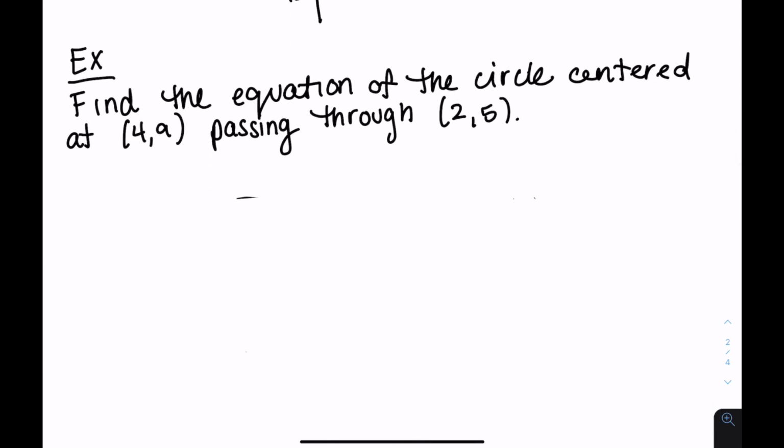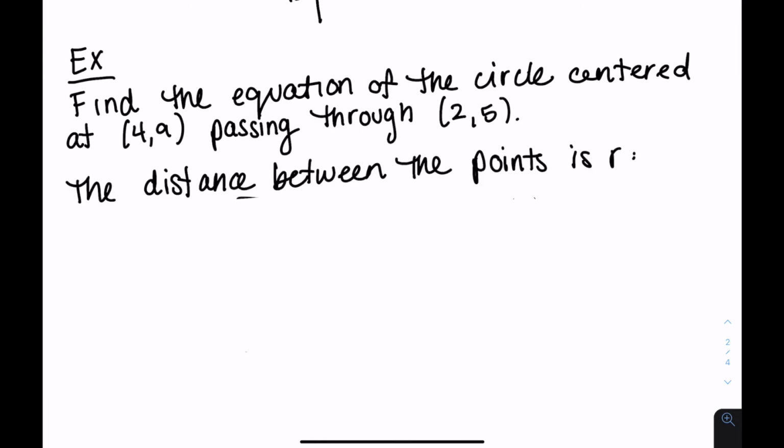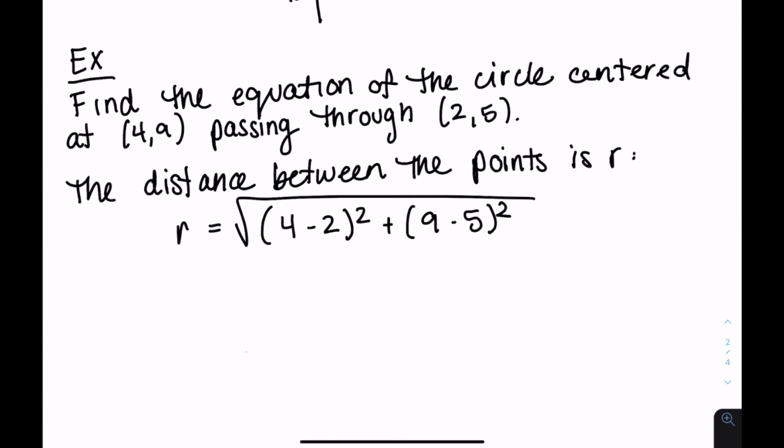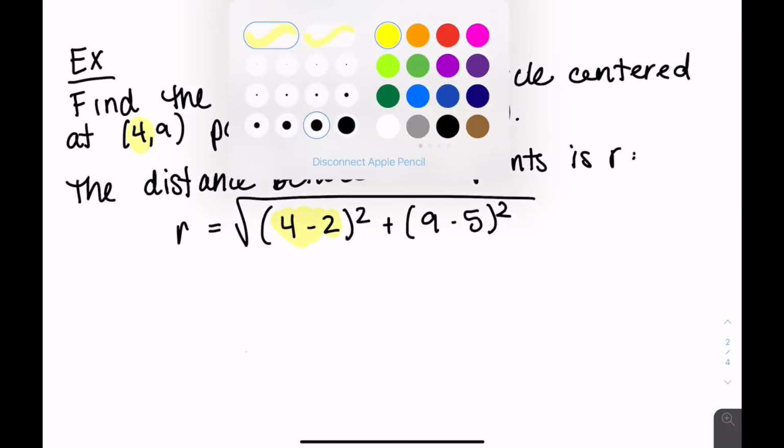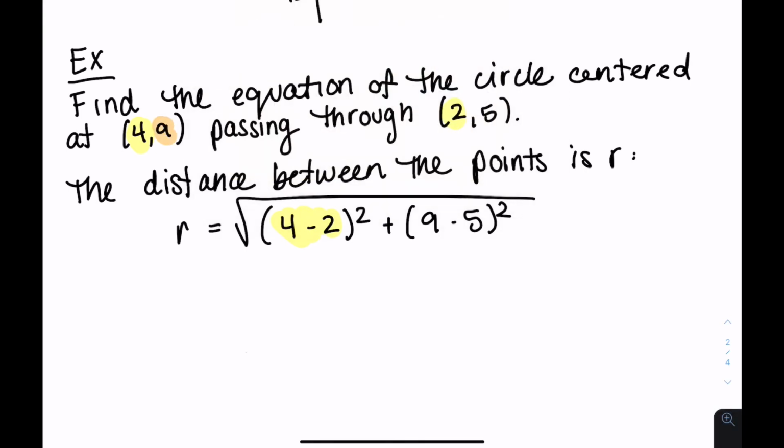Now if we want to find the equation of the circle centered at (4, 9) passing through a particular point, we don't know the radius of the circle, but we do know the center and a point it goes through. So the distance between them is just our radius. We want to take the square root of the difference in x's squared plus the difference in y's squared.